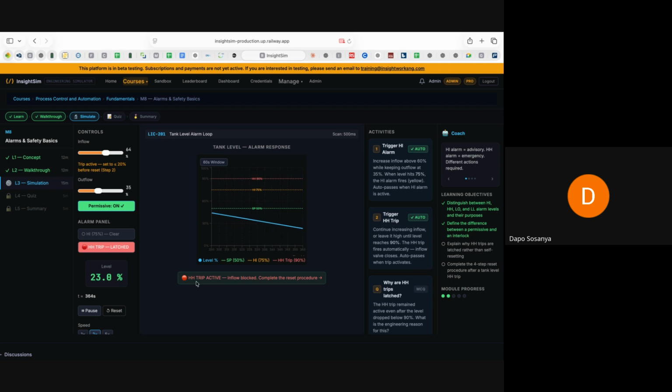The II trip active blocked the inflow, but the outflow was still active. You can see that this II trip has been latched, so it needs to be cleared before the operation can resume.